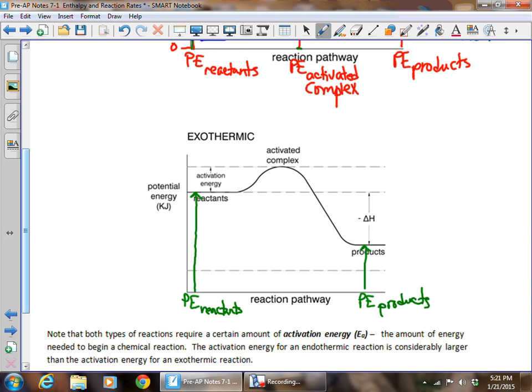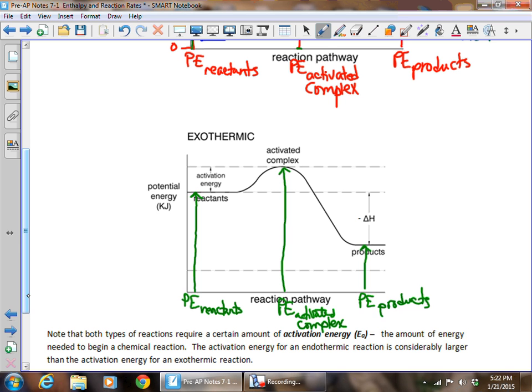So those same values hold. We've got the potential energy of our activated complex again. But let's look at how some of these values differ in an exothermic reaction.